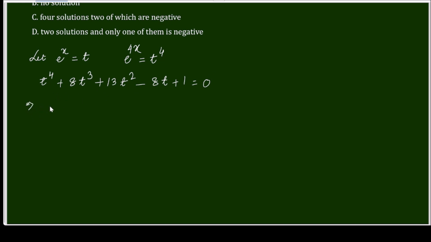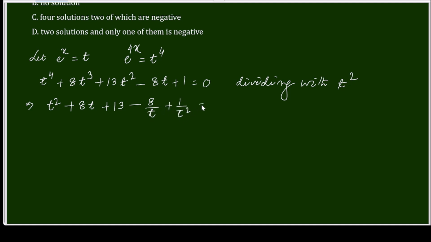So this gives us t^4 divided by t^2, and so on, dividing by t square. So it will be t^2 + 8t + 13 - 8/t + 1/t^2 equals 0.